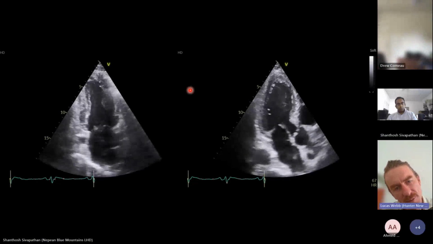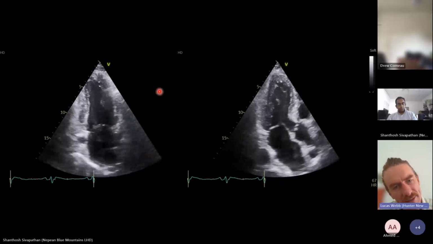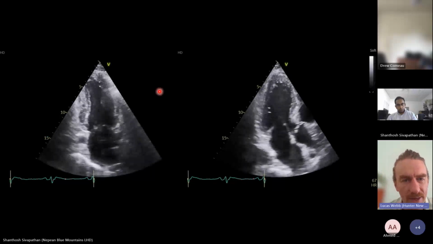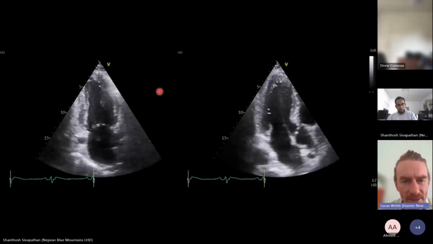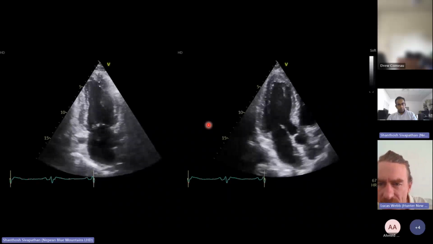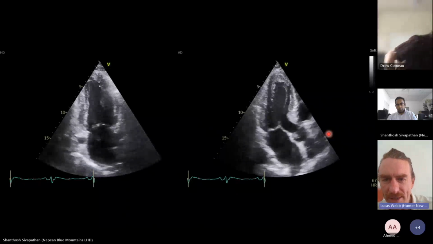So anterior and inferior walls, and I would say the inferior wall is looking good, and the anterior wall is probably at least hypokinetic, and again akinetic in the apex. And I'll look at the 3 chamber you've got. So look, the spontaneous echo contrast is visible in all 3.